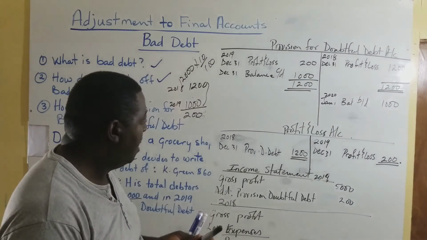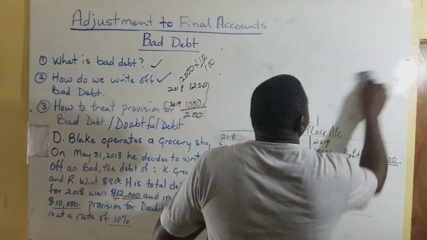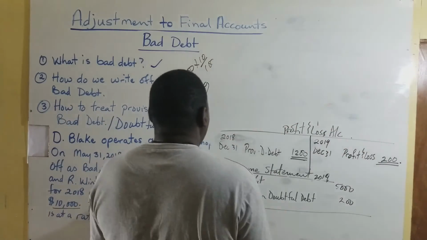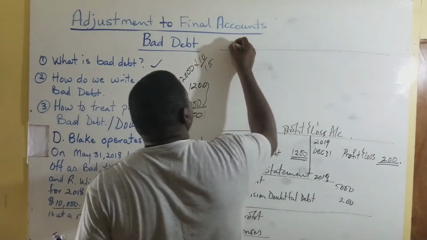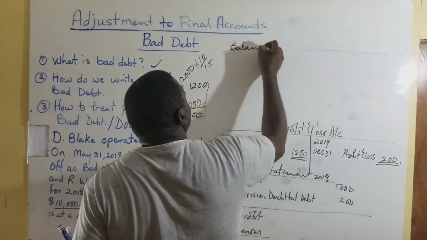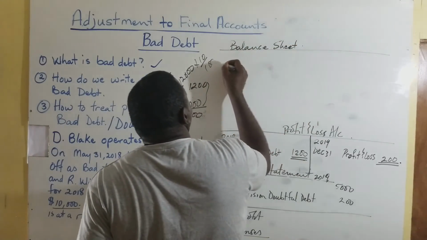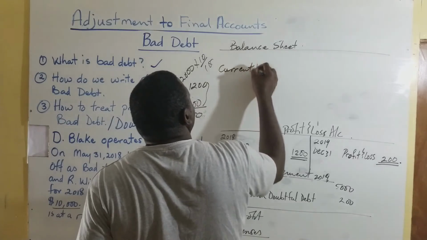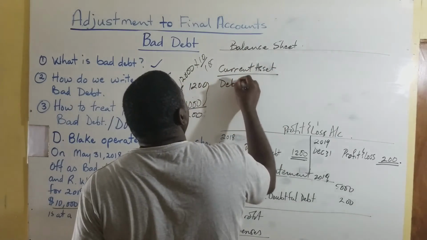Of course, let me erase and show you one last issue that must be considered in the balance sheet. In the balance sheet, irrespective of increase or decrease, under current assets, you will have your debtors figure.